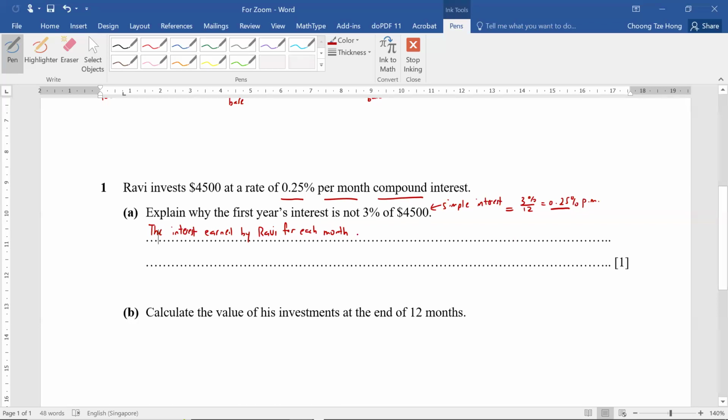The interest earned by Ravi for each month is calculated based on the principal and all previously accumulated interest, and will exceed 3% of $4,500 in total for the first year.